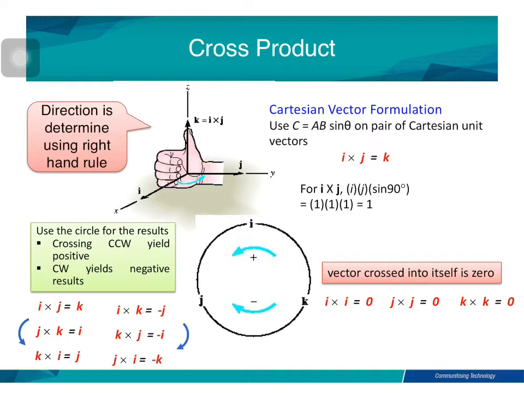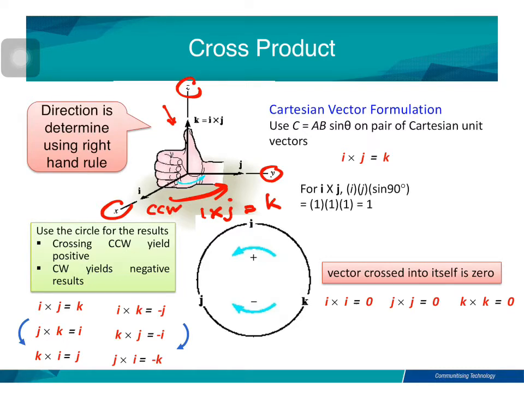So now this is our right hand rule. As usual, the thumb represents the Z axis, the curl represents the X, and the wrist represents the Y. So here we have I, J and K. Now we can say that I cross J gives us K, which is counterclockwise.